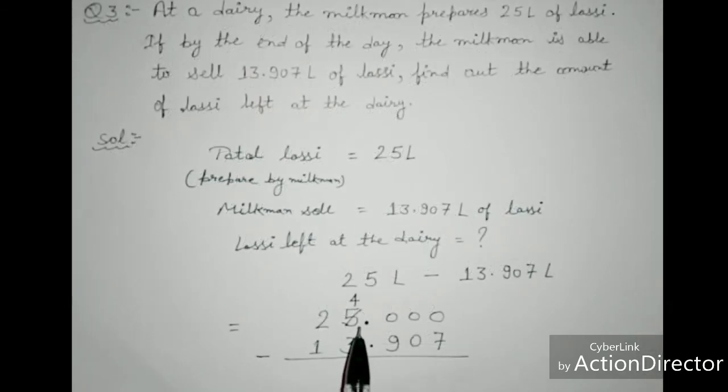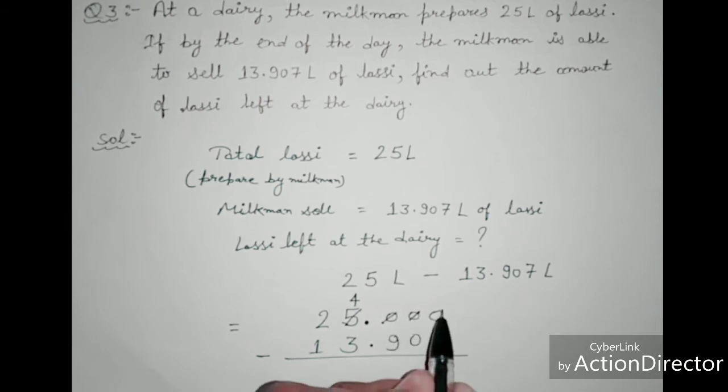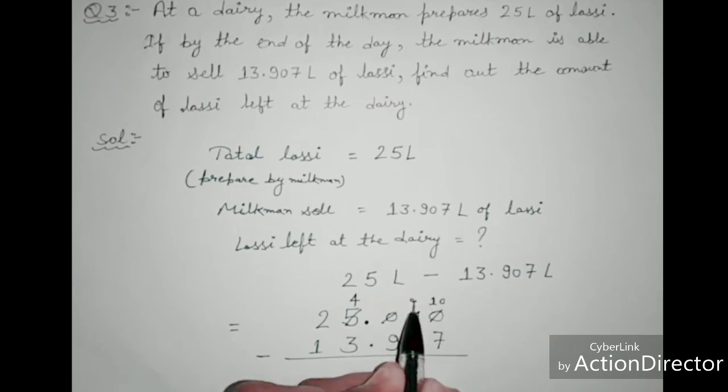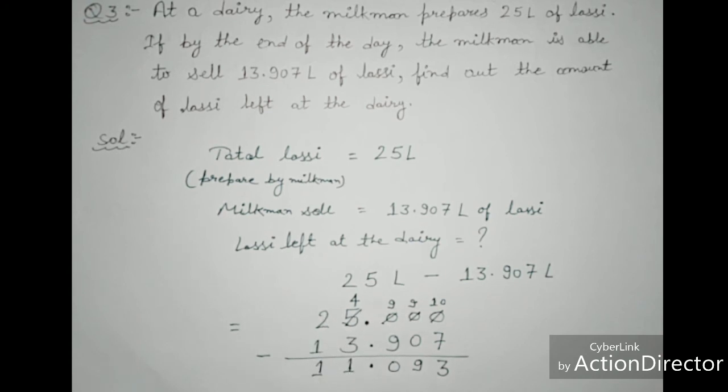First we take a borrow from here, and 4 is left here, then this 0 changes into 10, and these zeros are changed into 9. Now we subtract: 10 minus 7, 3; 9 minus 0, 9; 9 minus 9, 0; 4 minus 3, 1; and 2 minus 1, 1.